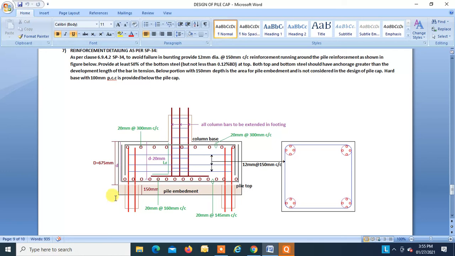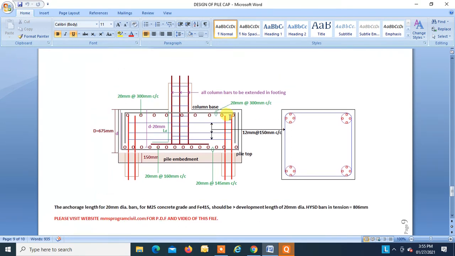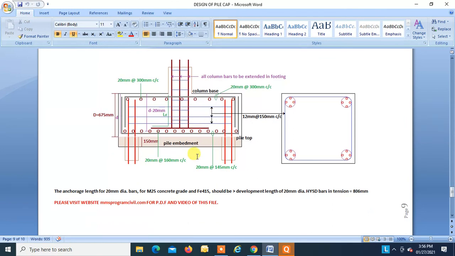It is just considered in the thickness of the pile cap but not in the design, so that is very important. And a hard base of at least 100 thick PCC is provided below the pile cap. It is necessary, right? So this is how we do the design of the pile cap.